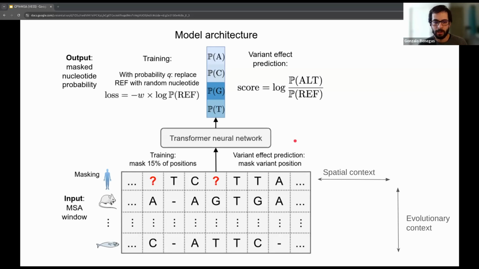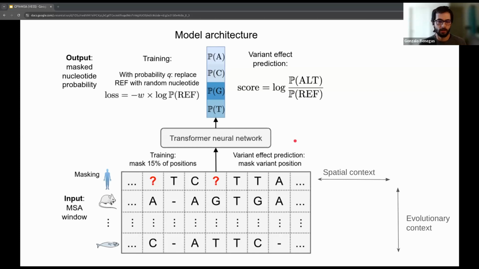Now, for variant effect prediction, to score a variant, we compute the log odds ratio between the 2 alleles, the alternate and the reference. The intuition is that for a neutral position, we expect the model to output a uniform distribution. If it gives the same probability to alternate and reference, then you will have a log odds ratio of 0.